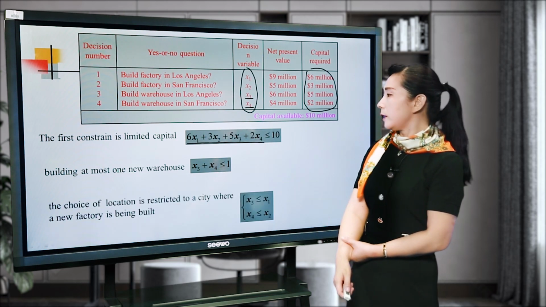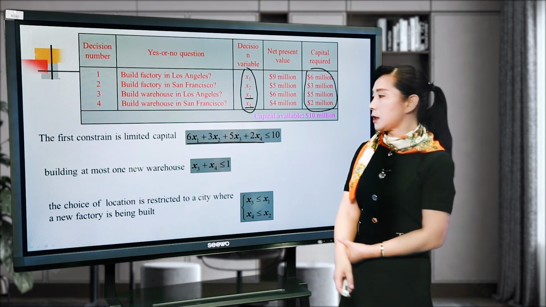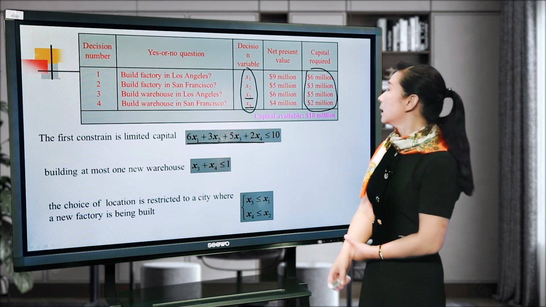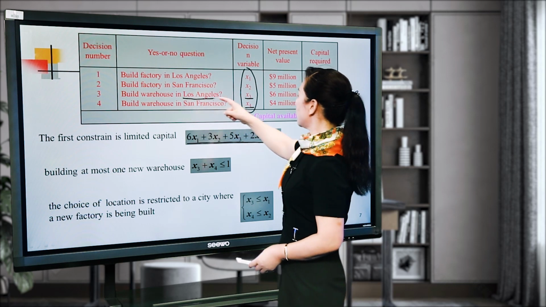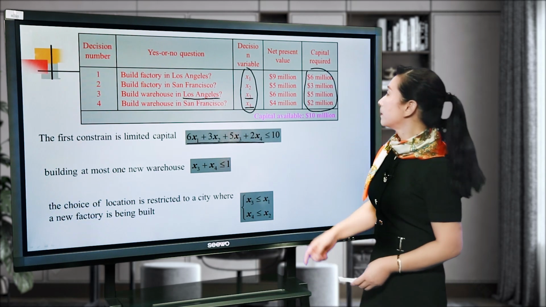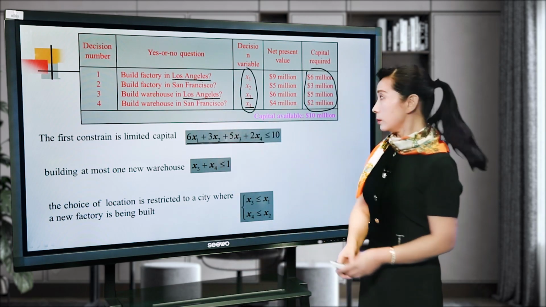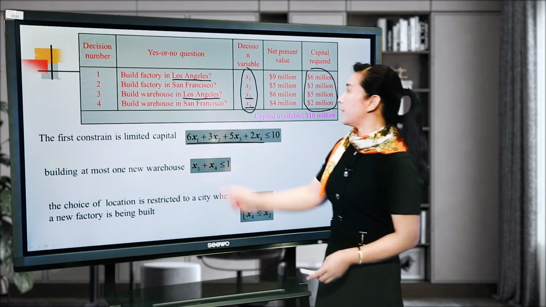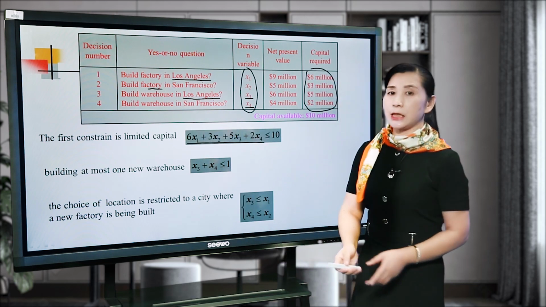And the third constraint is that the choice of the location is restricted to a city where a new factory is being built. That is, if you build a warehouse in Los Angeles, you must first build a factory in Los Angeles. If you build a warehouse in San Francisco, you must first build a factory in San Francisco.